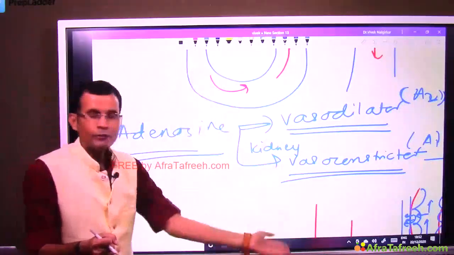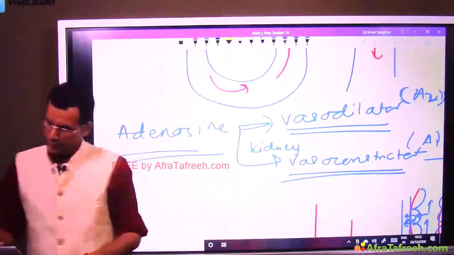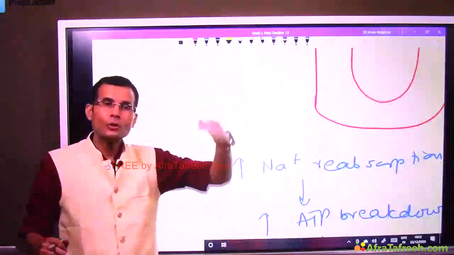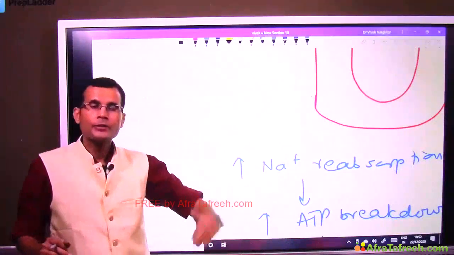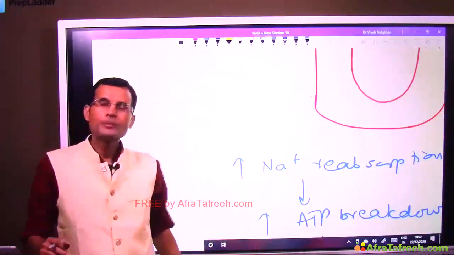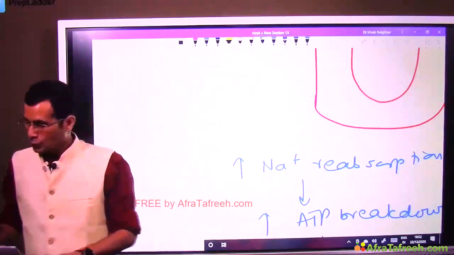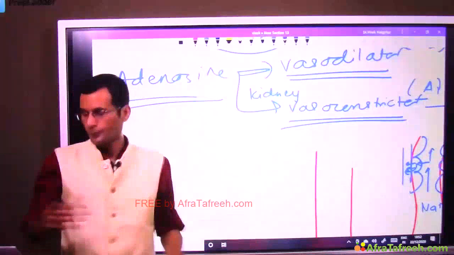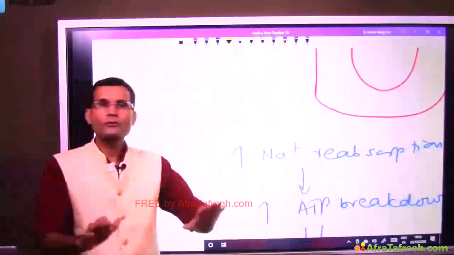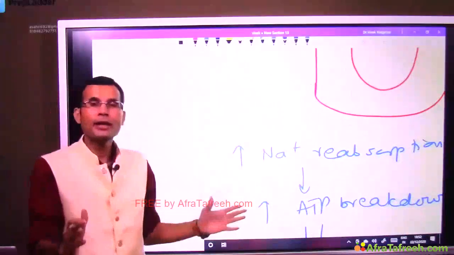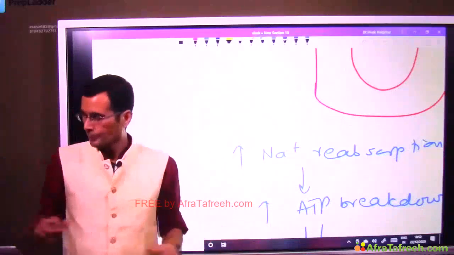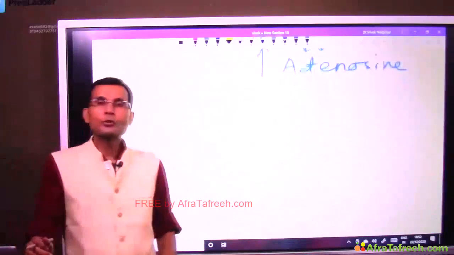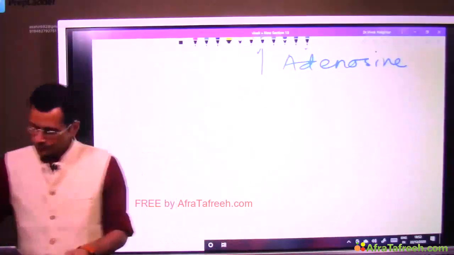So less blood will come into the glomerulus, and therefore less glomerular filtration rate and less filtration of sodium. So sodium will come less and less into the tubules. That is how loss of sodium and fluid and electrolyte imbalance will be prevented. That is the function of tubuloglomerular feedback.